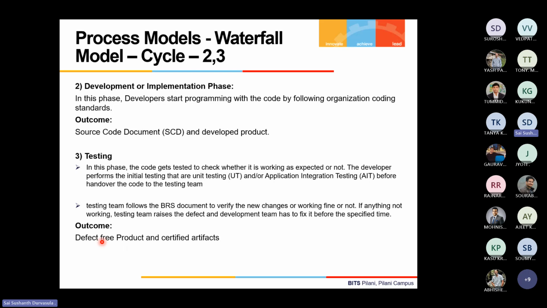But you may have some open bugs, in which case we may have to reiterate or do the development again. The ideal outcome at the end of this phase is that whatever we deliver to the customer is defect-free and certified. The QA or testing team would only certify if all the test cases pass and there are no defects found in that product.